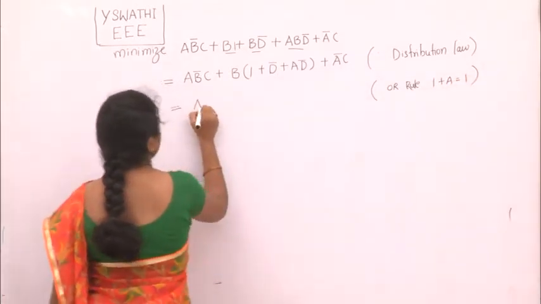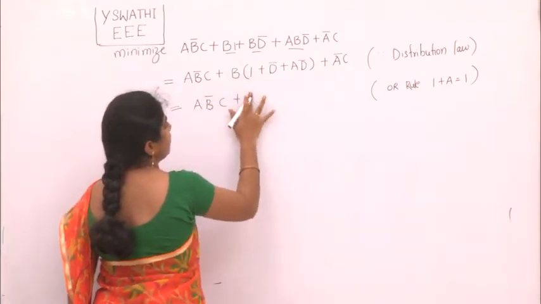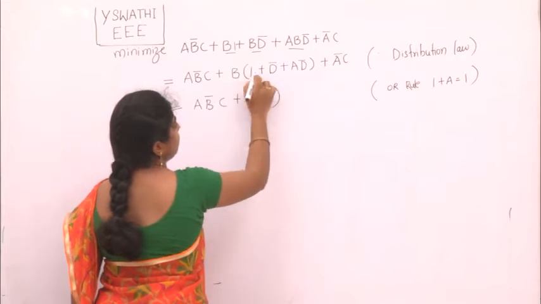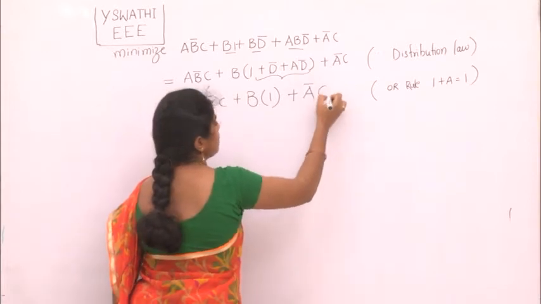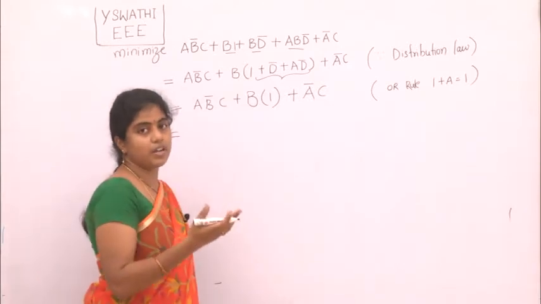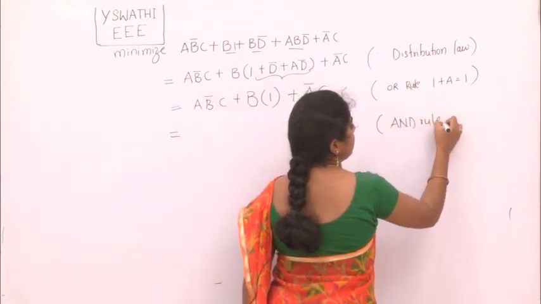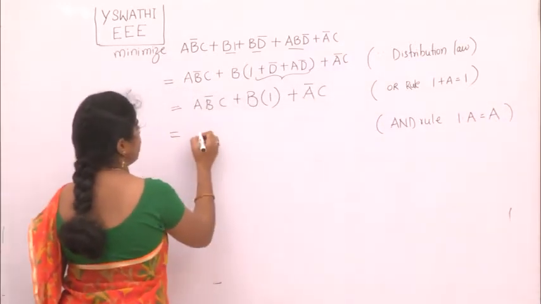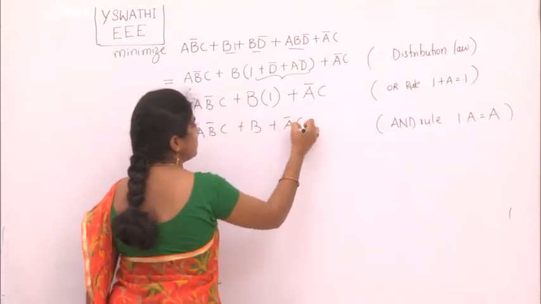So here we can write A B bar C plus B, sorry, here it becomes B, in place of 1 plus anything, plus A bar C. And from the AND rule, B dot 1, or any variable dot 1, is nothing but that variable. So here we can write it as B. So A B bar C plus B plus A bar C.